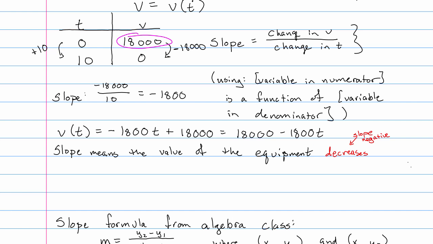Well, the slope is negative 1,800. We're measuring value in dollars and time in years. So the value decreases by $1,800 each year. And that's how we interpret the slope. That's what the slope represents in this model. That negative 1,800 tells us that the value decreases by $1,800 each year.